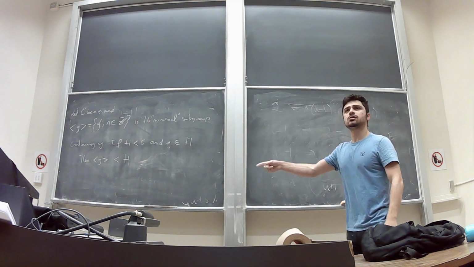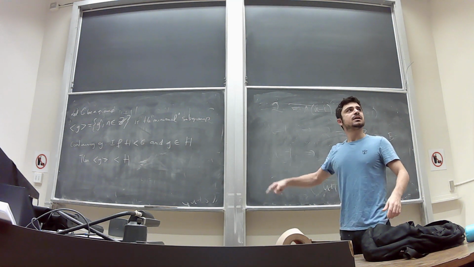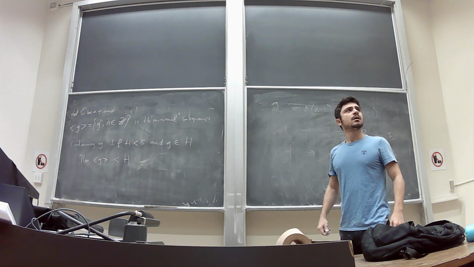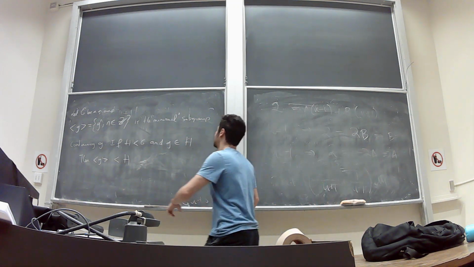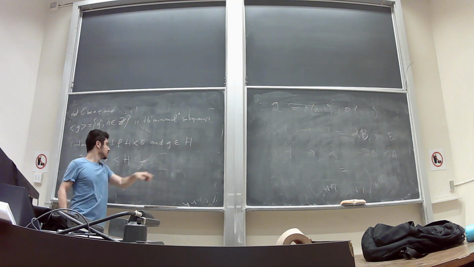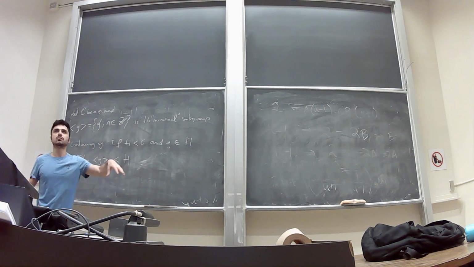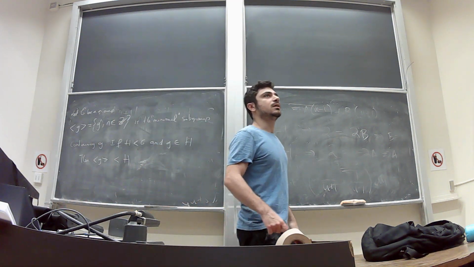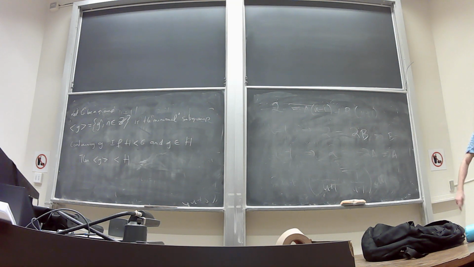I'll let you prove this. That's clear, right? Minimal subgroup just means subgroup is not an algorithm? Pardon me? What do you mean by minimal subgroup in this sense? If H is a subgroup of G, and G belongs to H, then this subgroup must belong to H. So if G belongs to a subgroup, then the subgroup generated by G must be part of that subgroup.